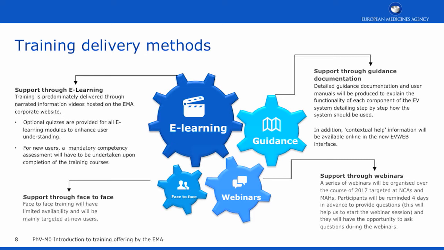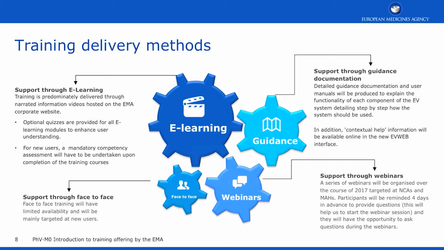In terms of the delivery methods for the EudraVigilance training curriculum, we have used 4 main methods. So the main one is that of e-learnings. All the trainings will be made available through videos such as this one. The videos will be accessible through the EudraVigilance training page on the EMA corporate website, with some of the modules actually split into multiple videos.